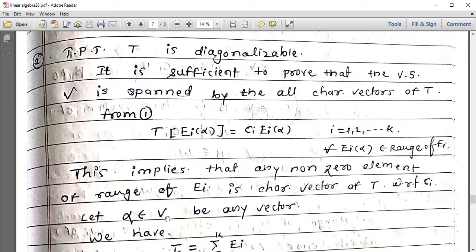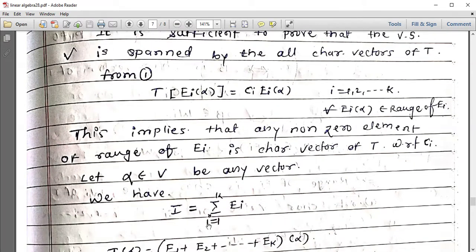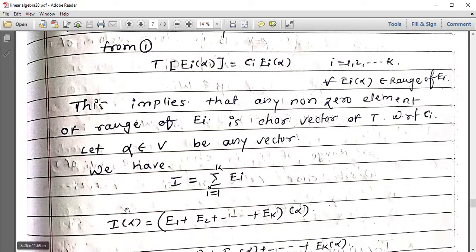Let alpha belongs to V be any vector. We have I, the identity operator, is equal to the summation i is equal to 1 to k of Ei, that is, I is equal to E1 plus E2 up to Ek. And operate this operator on alpha.